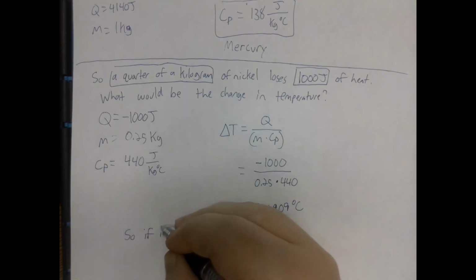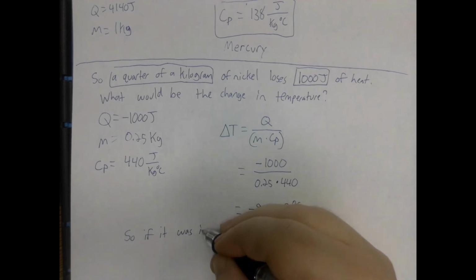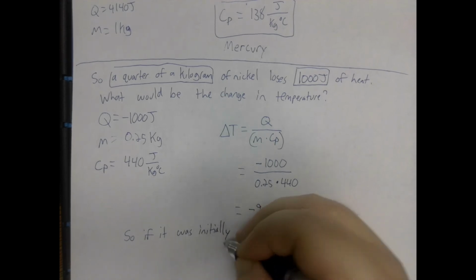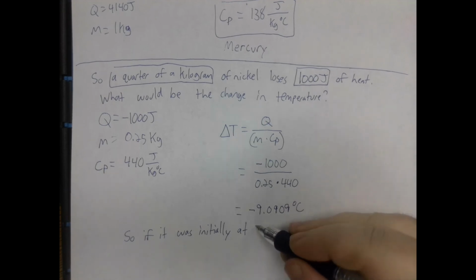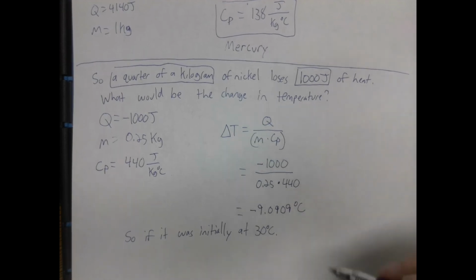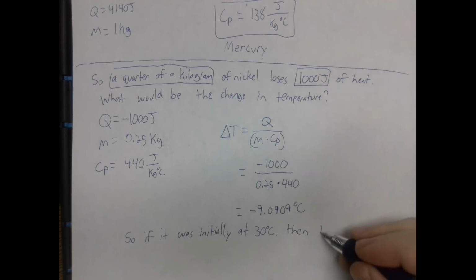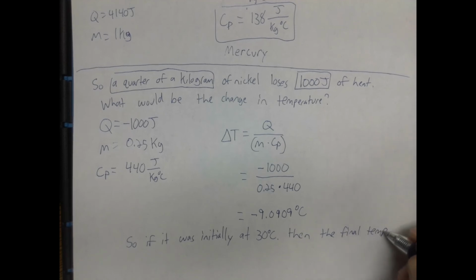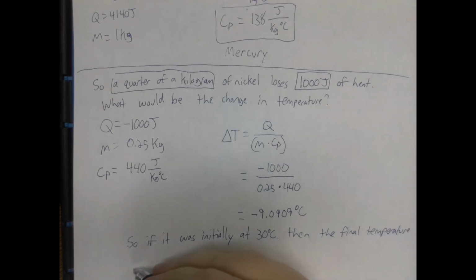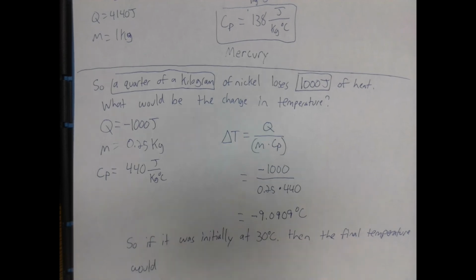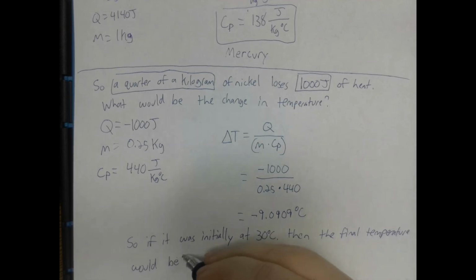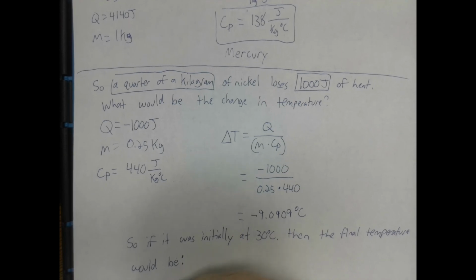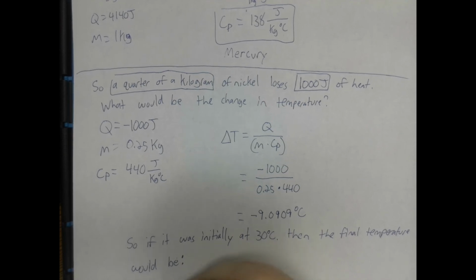So if it was initially at 30 degrees Celsius, then the final temperature would be what? So again, final temperature is equal to initial plus your change.